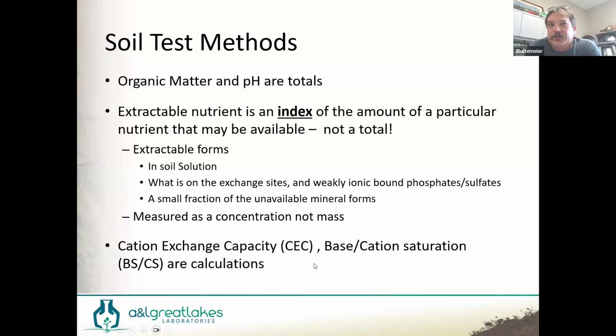As we move on down our soil test, we'll get into cation exchange capacity and base or cation saturation. Those are calculations, mathematical adjustments based on the actual soil test numbers. They're usually referred to as summaries or estimates. There are lab methodologies to get definitive numbers, but they cost $50 to $150 per sample.